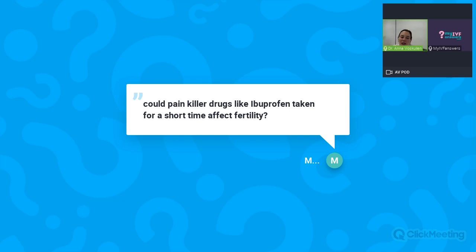All this needs a lot of processes with prostaglandins and different things. And it's true that ibuprofen stops the prostaglandins, so it could have an impact. Probably it's not very important, but normally we tell our patients to avoid ibuprofen during fertility treatments for that kind of reason.